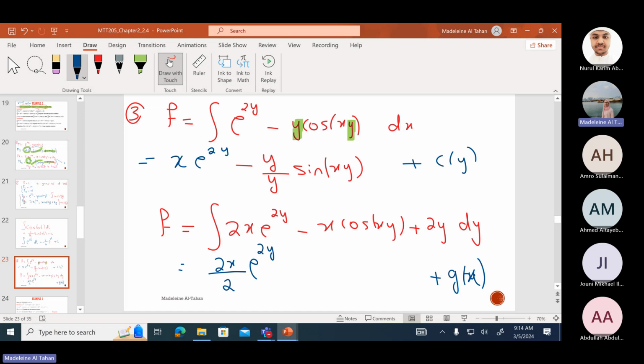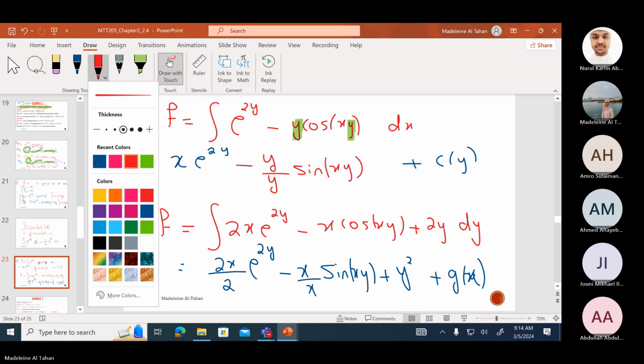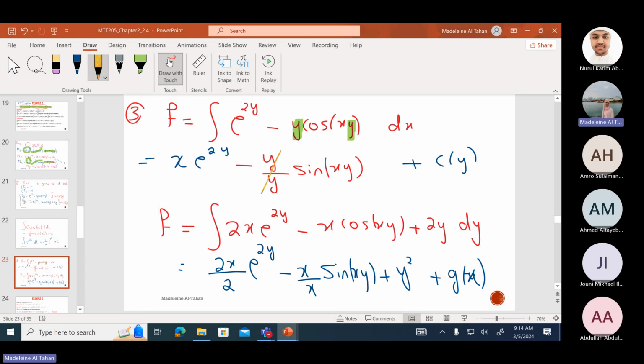Again, this one we deal with the same as this one, but here with respect to y. So what's our a? A is x, sine xy. 2y with respect to y, it becomes y squared. So these will be cancelled together, 2 and 2 are cancelled together, x and x are cancelled together.